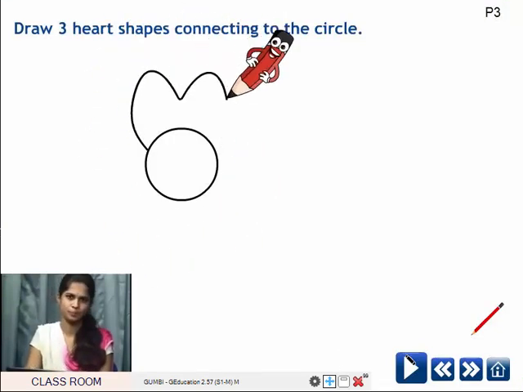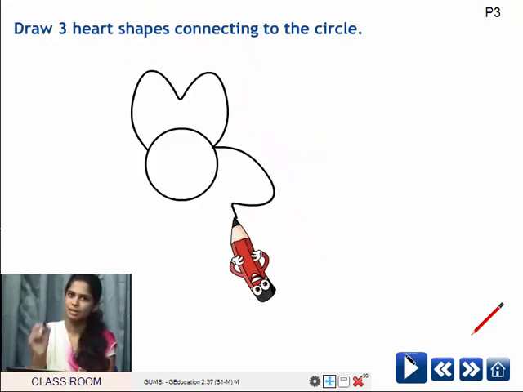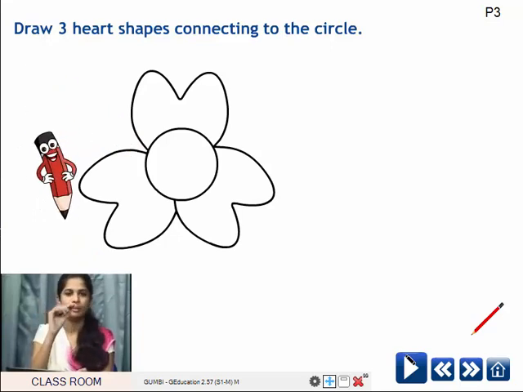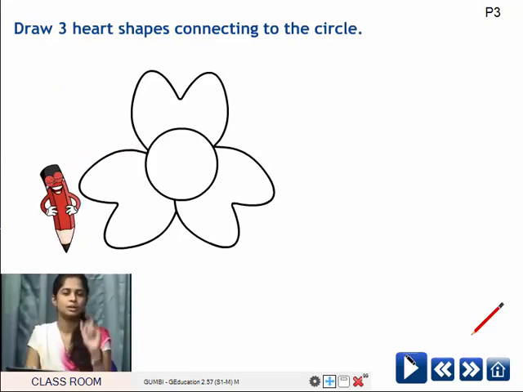Draw similarly the third heart also. So first you have drawn circle, you have chosen 1 point, from that point you have drawn 3 heart shapes. Did you draw? Does your picture look like this? Observe. Yes? Very good. Now let's move on.